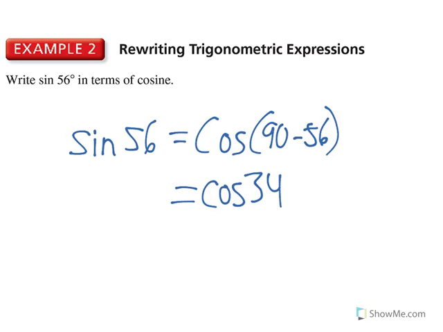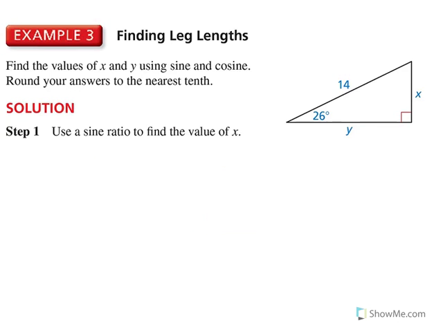So writing sine in terms of cosine would just be cosine of 34. All you do is, if it gives you sine and you want to write it in the opposite, you subtract the angle from 90 to get what the other angle would be in that triangle.